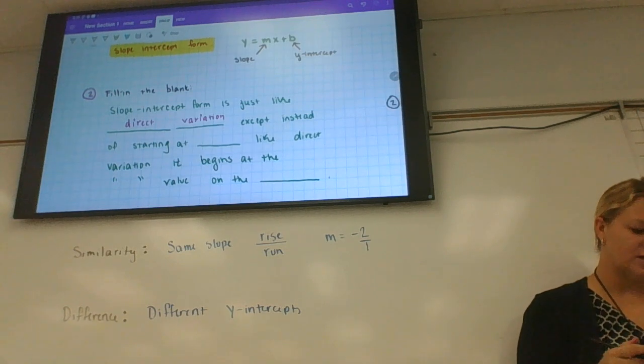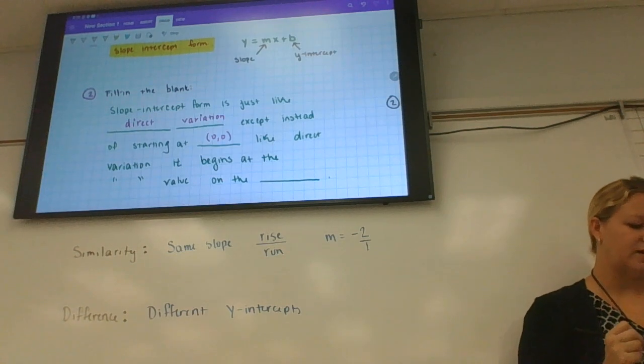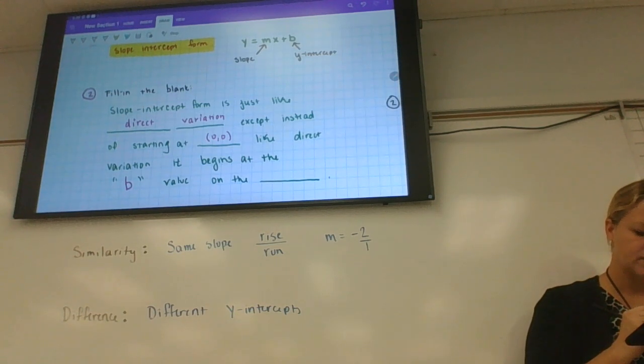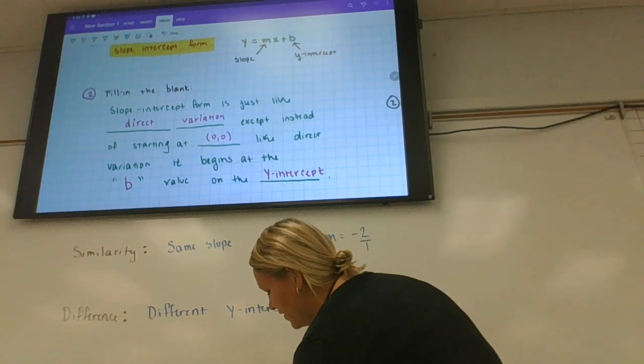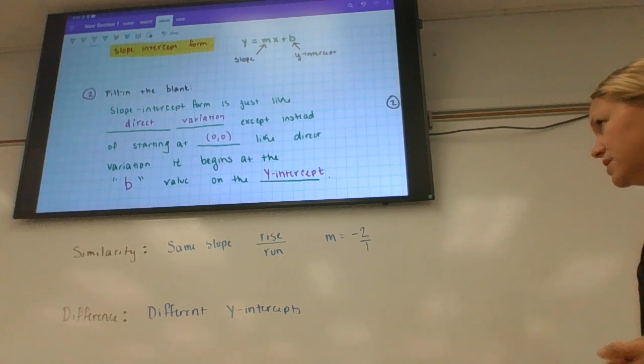Slope-intercept form is just like direct variation, except instead of starting at 0, 0, like direct variation, it begins at the b value on the equation, on the y-intercept. Slope-intercept form is everything that you know about direct variation, except it doesn't start at 0, 0.